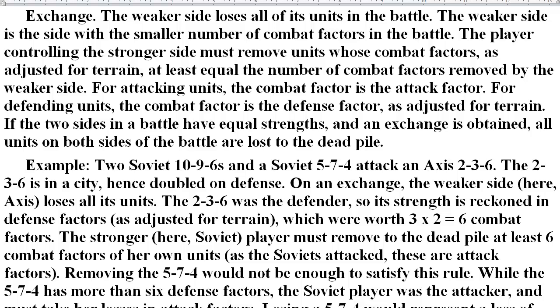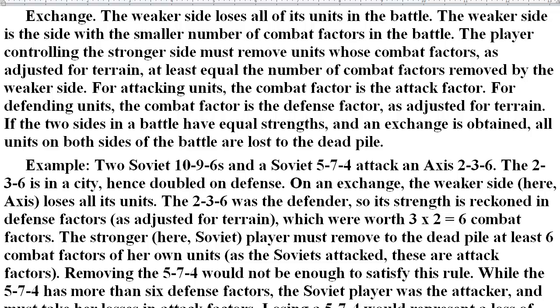So we have two Soviet 10-9-6s and a 5-7-4 attacking a 2-3-6 that is doubled for terrain. It's in a city. So this is a 25 to 6, or 4 to 1. If there's an exchange, the weaker side, that's the Axis, they only had 6 combat factors in the battle, is eliminated.